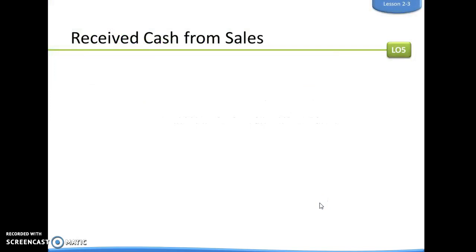Before we get started, what are the 4 things we have to ask when analyzing a transaction? Remember, there's four questions we have to ask. Remember, Logan? Okay, that's the first thing to ask. What accounts are affected? What 2 accounts?